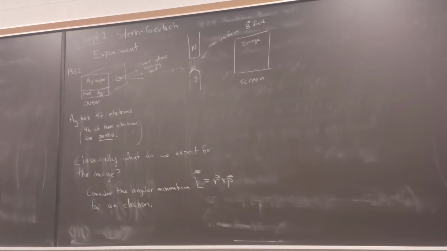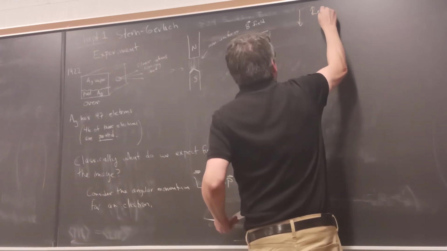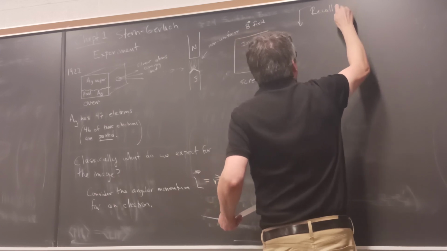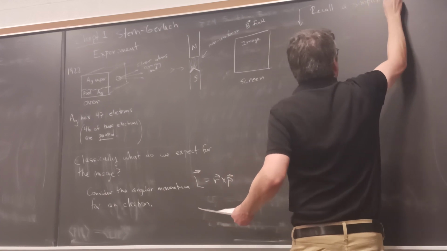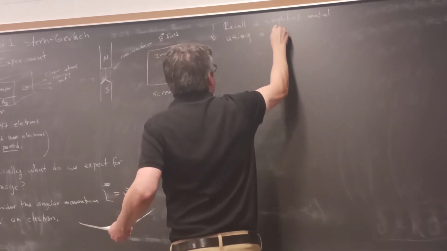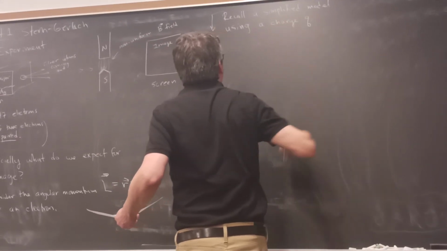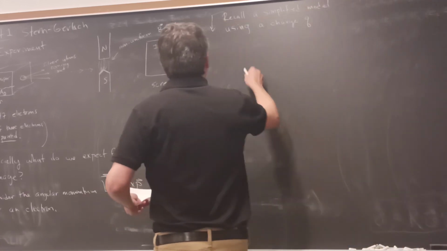If the electrons are little bar magnets, then these 46 cancel each other out. So there's one electron here that's basically making the measurement what it is. Okay, so let's just recall a simplified model. An electron's charged also, so we can't completely ignore the charge on the electron.